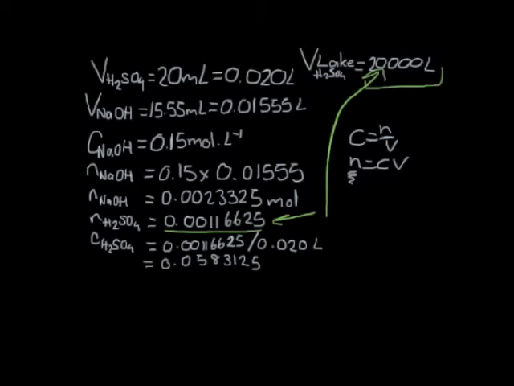And to find that out, we actually need to times by 1,000,000. So we need 0.00116625 multiplied by 1,000,000. And that will give us the number of moles in the lake.